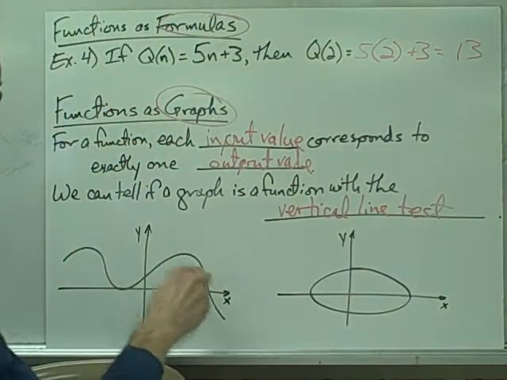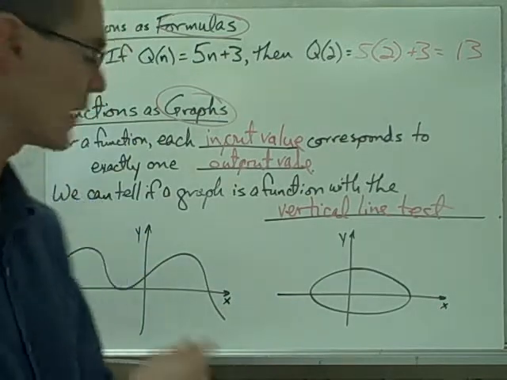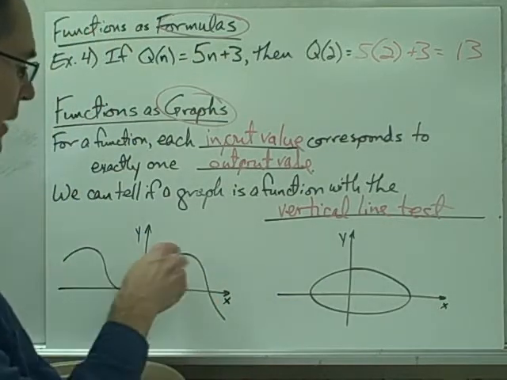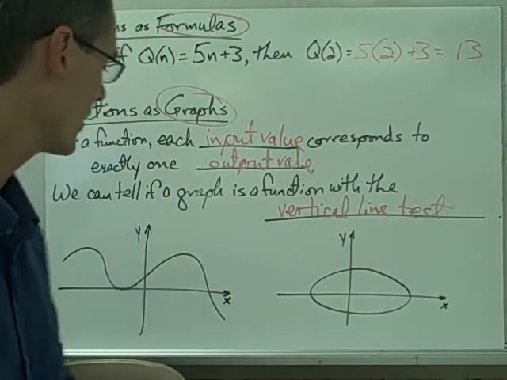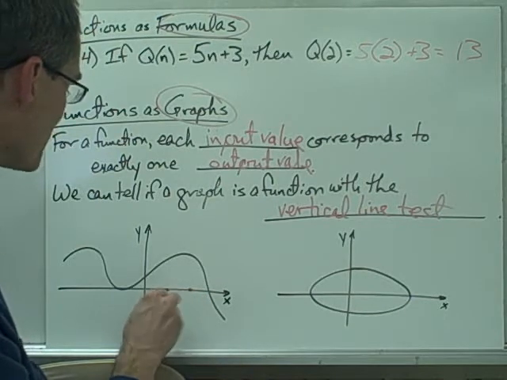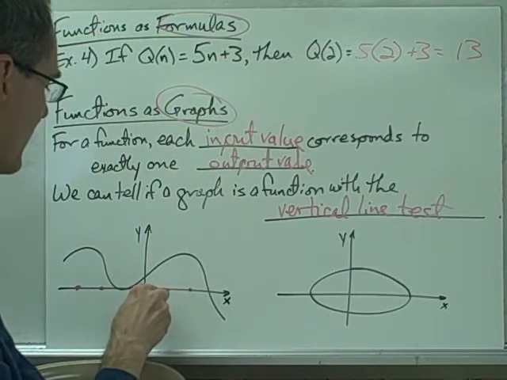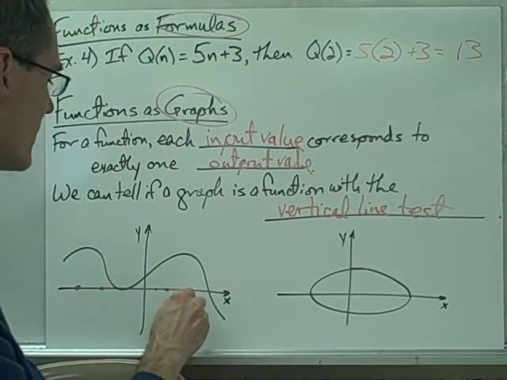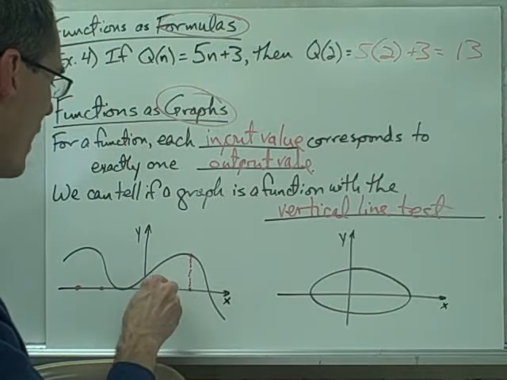So if I have a graph here of some sort of equation, also a relation, we would call it, and I want to know, does this graph represent a function or not? Well, I know that if it is a function, then any value of x that I choose must correspond to exactly one value of y.